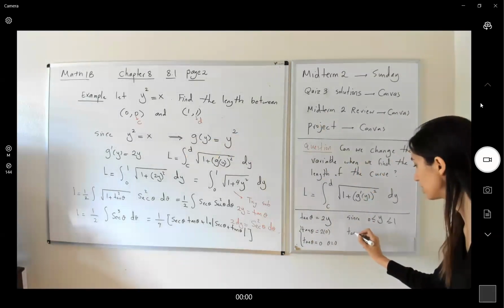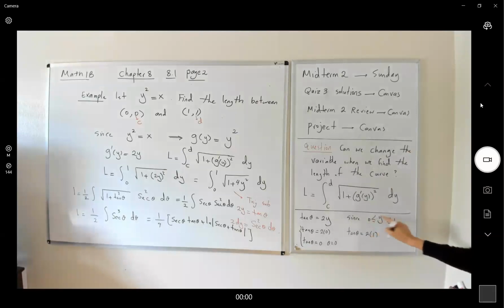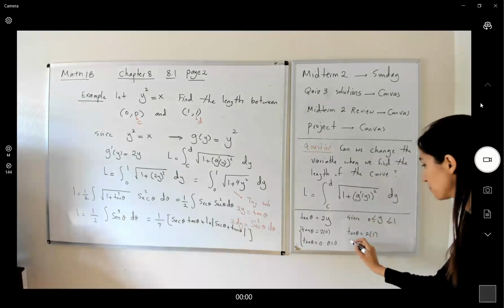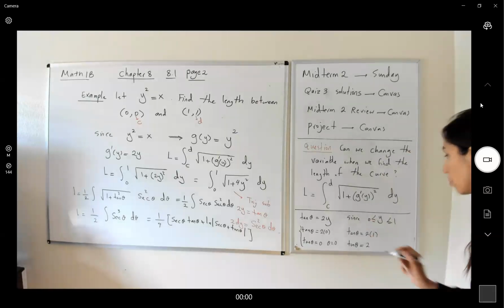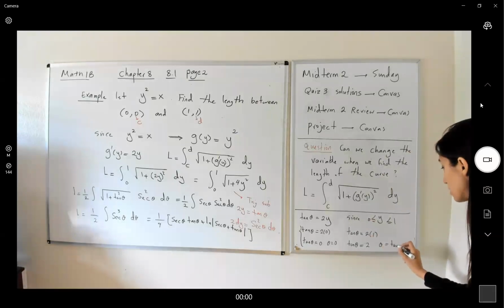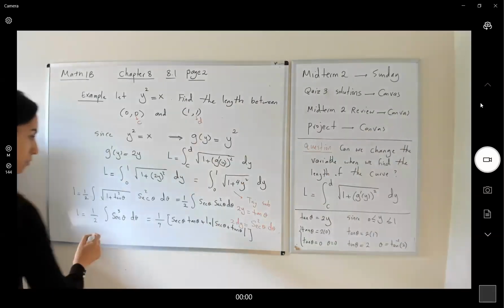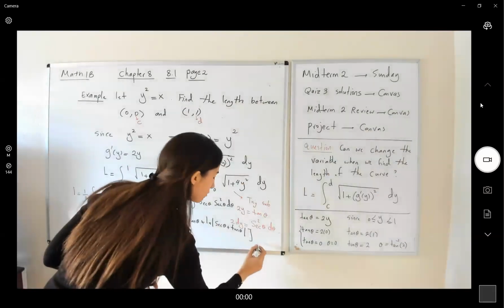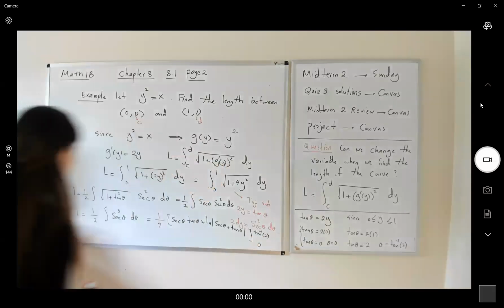If you plug in 1, tangent theta is equal to 2 times 1, or 2. So theta is equal to inverse tangent of 2. For this number, you have to use a calculator to find this limit. So here you have 0 to inverse tangent of 2.